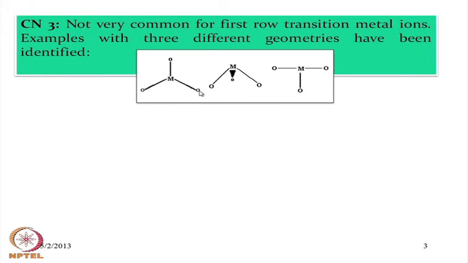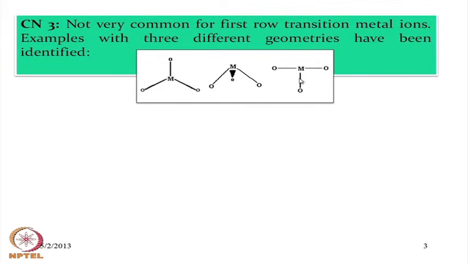So, if you have a regular triangle and it can bind to these 3 points with oxygen and fluorine, we can get a coordination number of 3. It can have a pyramidal structure at the same time. So, this is trigonal planar, this is pyramidal, and this is T-shaped.